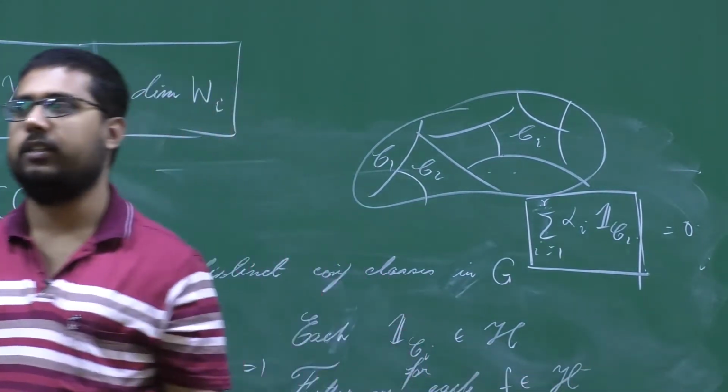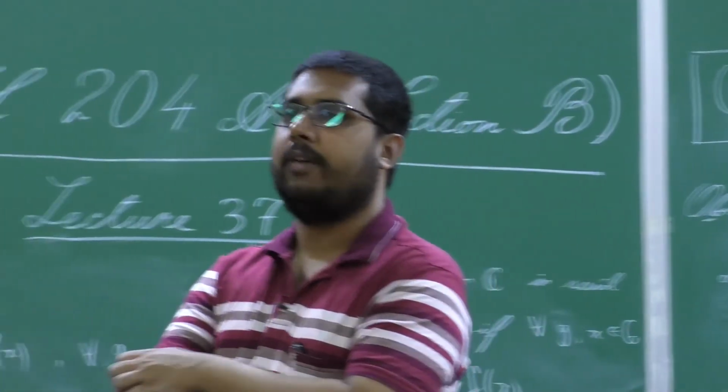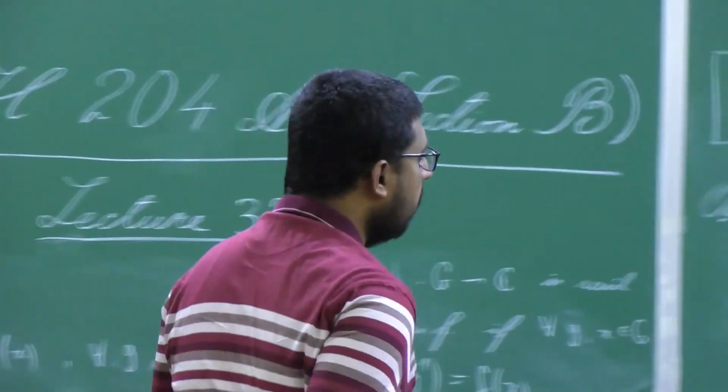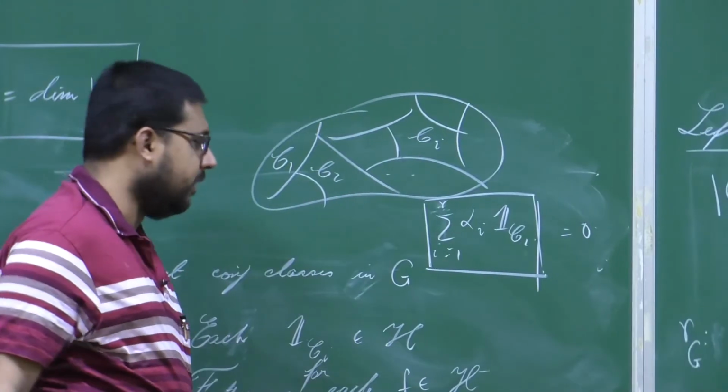So if such a function is 0, all those alpha i's will be 0. So the linear independence is immediate.